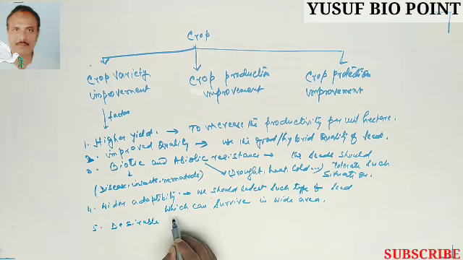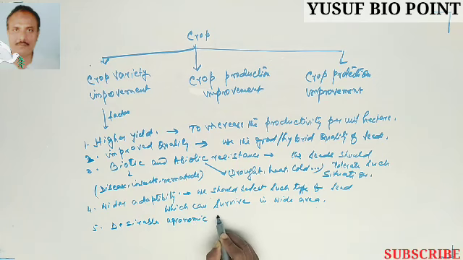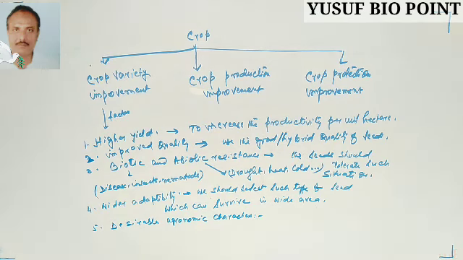Desirable agronomic characters. In this, usually the tallness and the dwarfness of the plant is considered, and in some cases a tall plant is more beneficial and in some cases short plants are more beneficial.